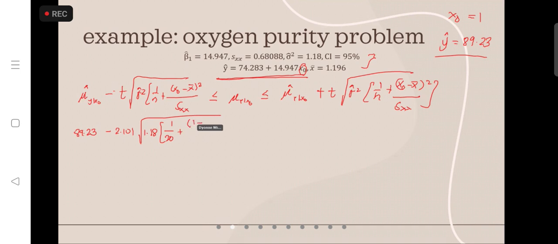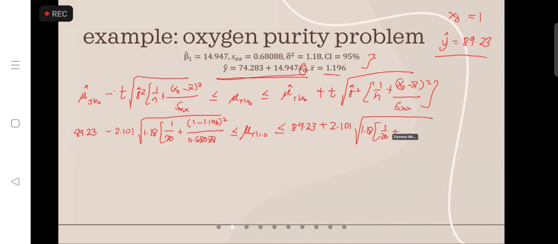Our x bar is 1.296 squared over 0.68088, less than or equal to mean at 1.0, less than or equal to 89.23 plus 2.101 times 1.18 times 1 over 20 plus 1 minus 1.196 squared over 0.608.